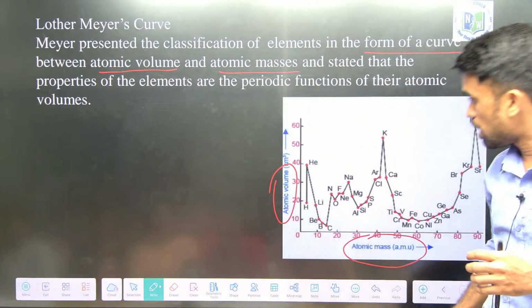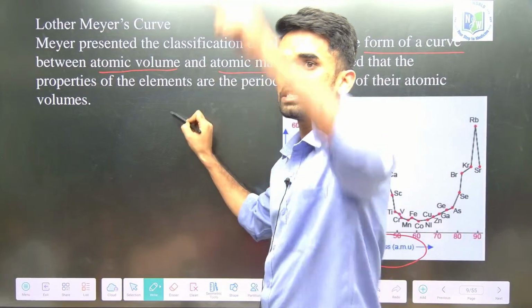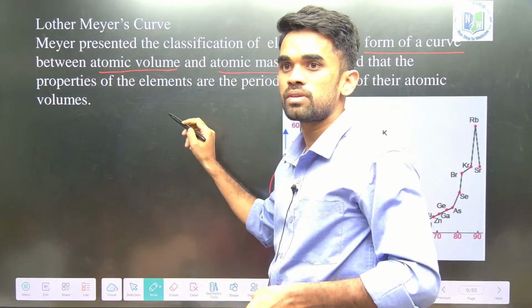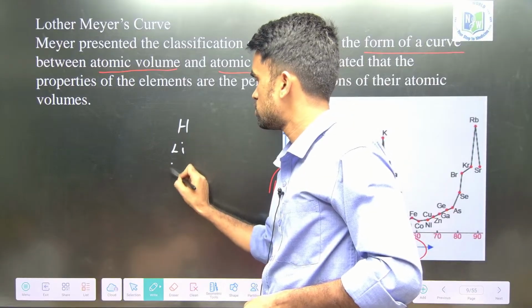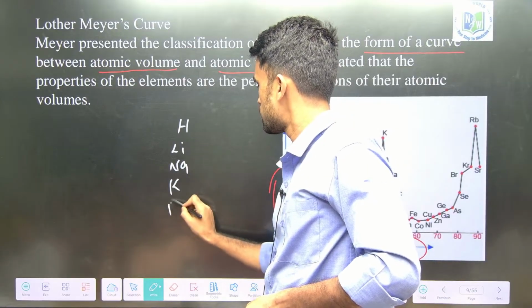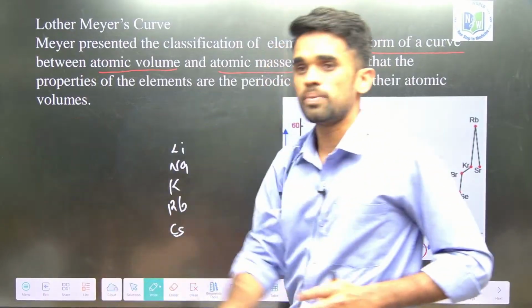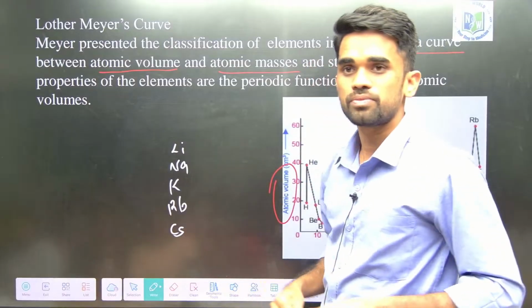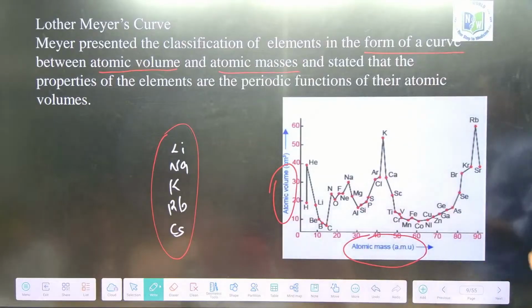For example, what are the alkali metals you know? First group elements in the periodic table: hydrogen, lithium, and so on. Ignore hydrogen. Now observe where these elements are in the curve.